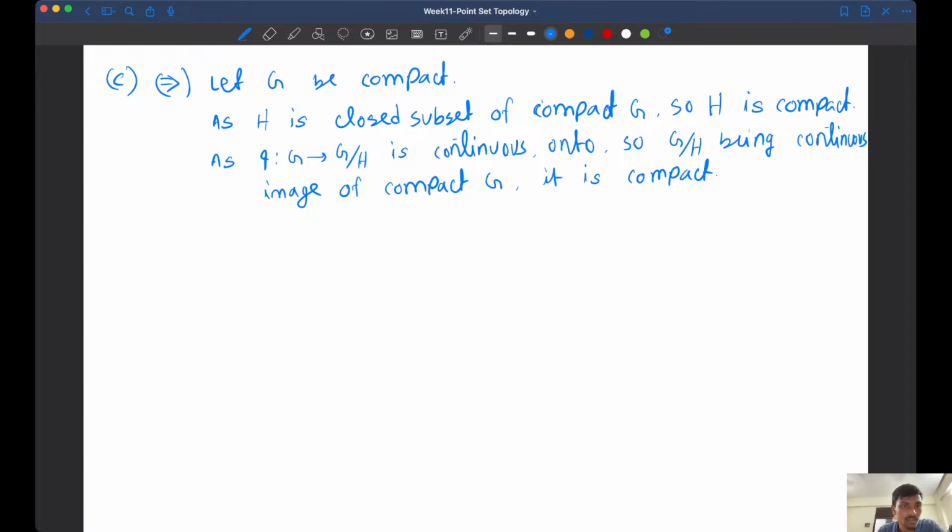So now let's prove the converse. Let H and G mod H be compact. So now I have to prove that G is compact.